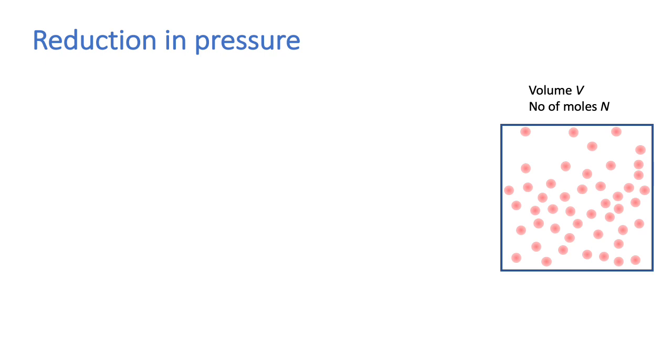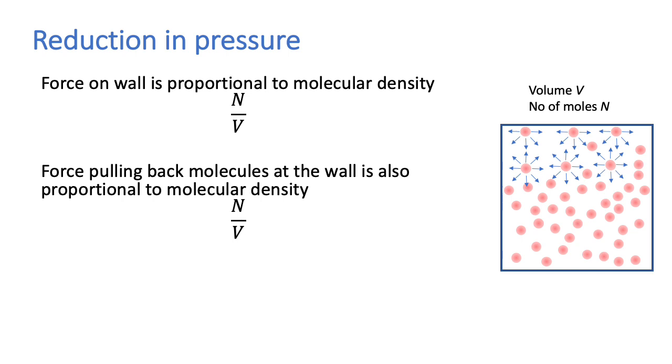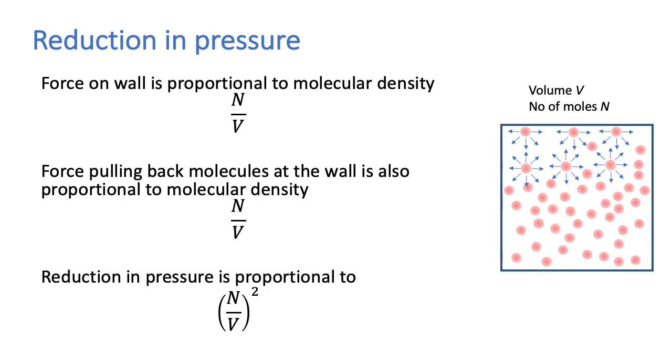Now the force on the wall is going to be proportional to the molecular density, which is N divided by V. The force which is pulling back the molecules is also proportional to the molecular density, and this would be the density of the molecules which are right behind those that are at the wall. The reduction in pressure, therefore, is proportional to the molecular density squared, which is (N upon V) squared.